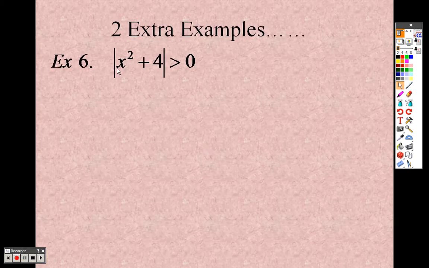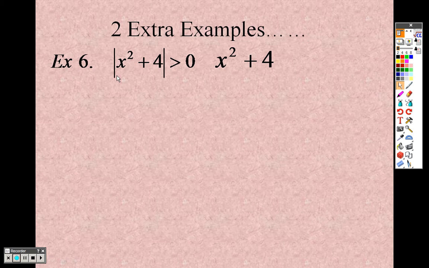So this one, for example, the absolute value of x squared plus 4 is greater than 0. So the real question is, why is the answer x squared plus 4? Well, let me explain. What happens when you square a number? Any number. If I put in a negative 3 there, what's negative 3 squared? Positive 9. If I put in a 4, what's 4 squared? Positive 16.